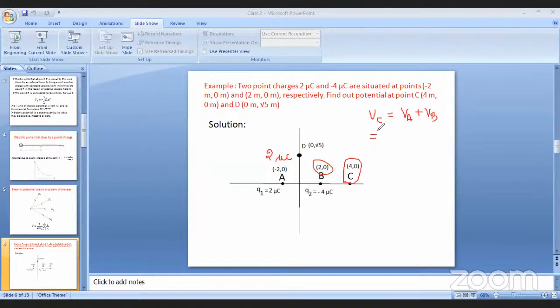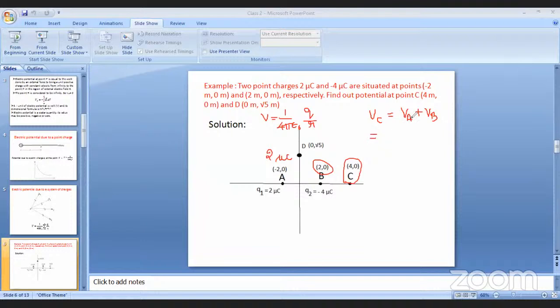And what is the distance between this A and this C? Can anyone tell me what is the distance between this point A and point C? Because we have to substitute R, since the electric potential due to a point charge is given by V equal to 1 by 4 pi epsilon 0, Q by R. R is the distance.